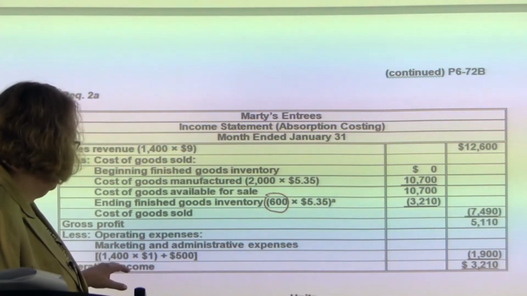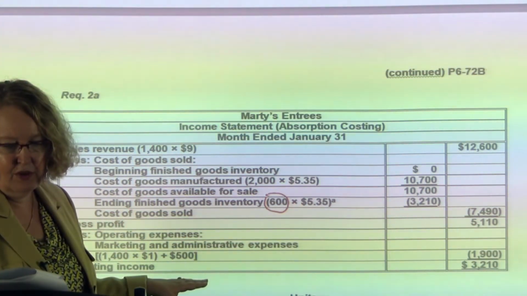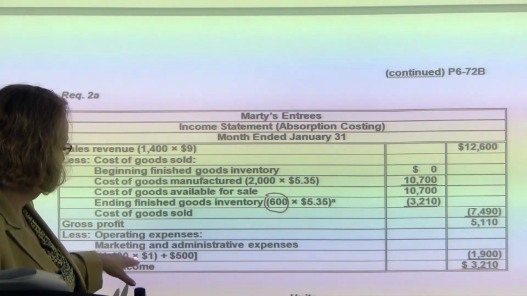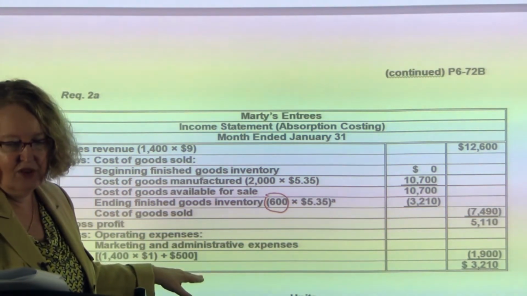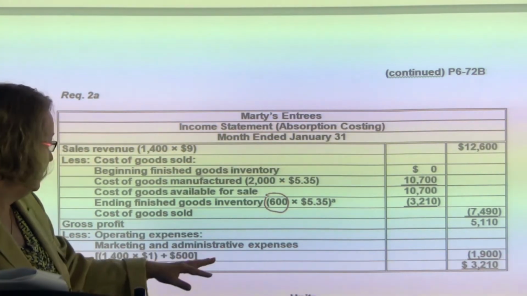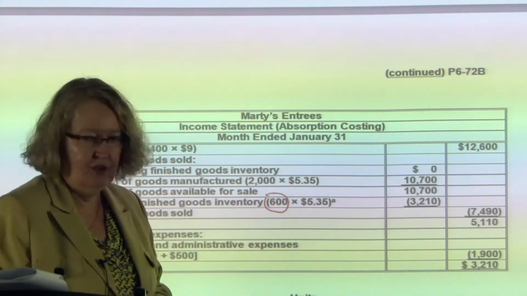So your variable marketing and admin expenses are $1 per unit, so it's $1 per meal. So you sold 1,400 times $1 plus the fixed marketing and administration costs that were given in the problem, $500, so $1,900. So operating income is $3,210.